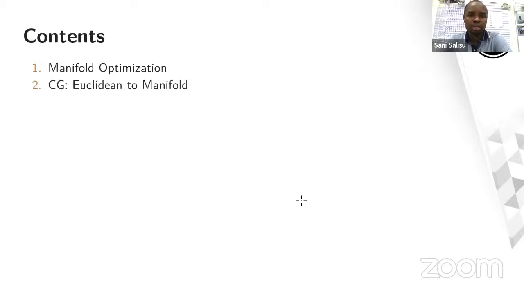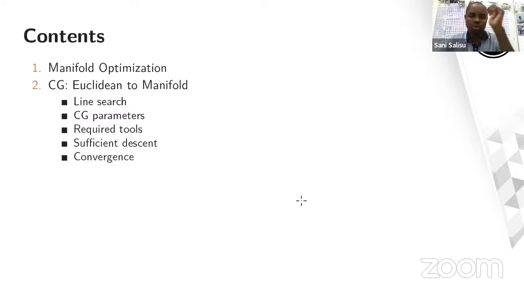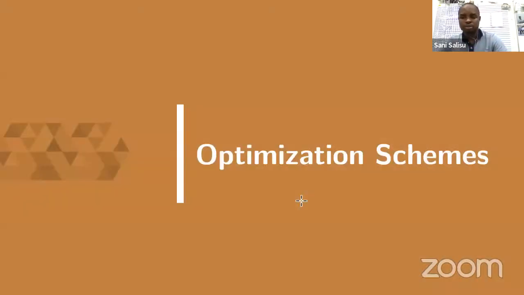The content will start with the basics of manifold optimization, leading to conjugate gradient from Euclidean to manifold, which comprises line search, CG parameters and repair tools, and sufficient descent conditions, which are essential for establishing convergence. Then we discuss the appropriate procedures for establishing convergence.